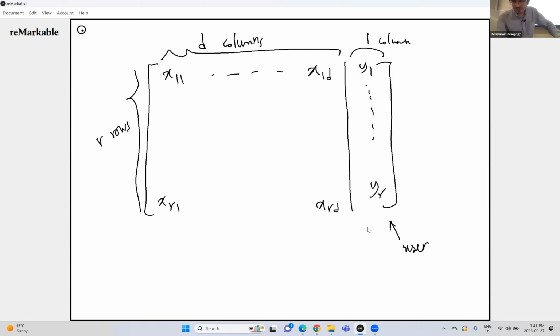Assume my label is the temperature of tomorrow, and one of the features is the pollution of today, the amount of pollution. The second one is the longitude. The third one is latitude. These are just features. Did you understand?